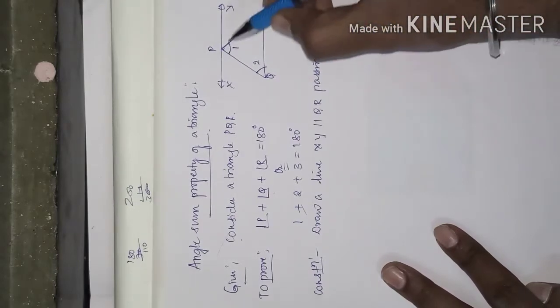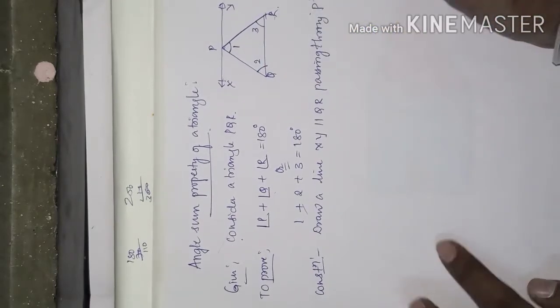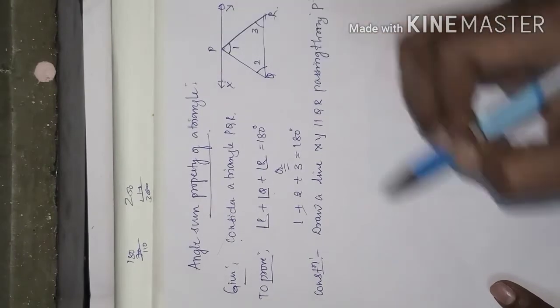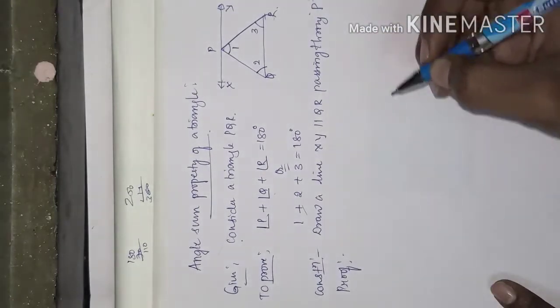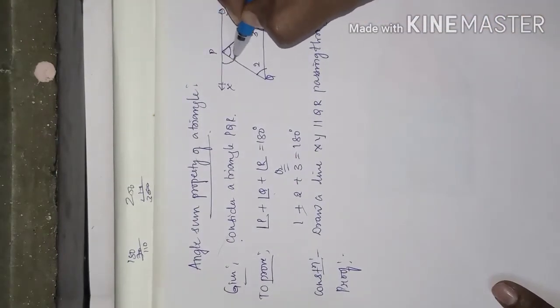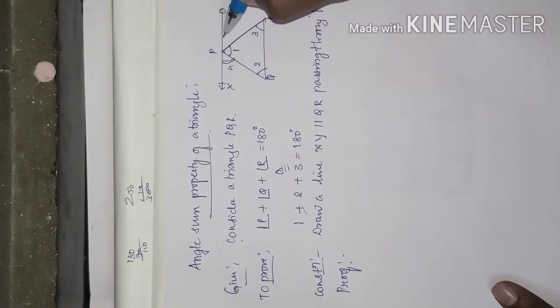We named it as X and Y, and it is passing through the point P. Now proof. Shall we name it as angle 4 here, and this is angle 5.